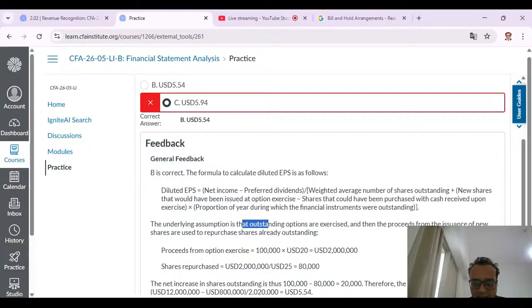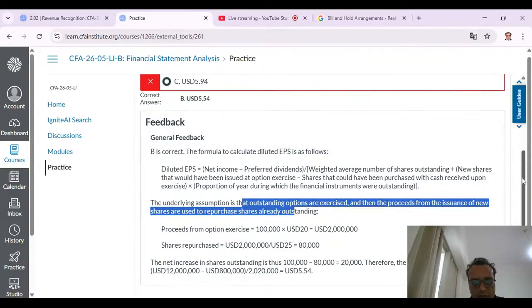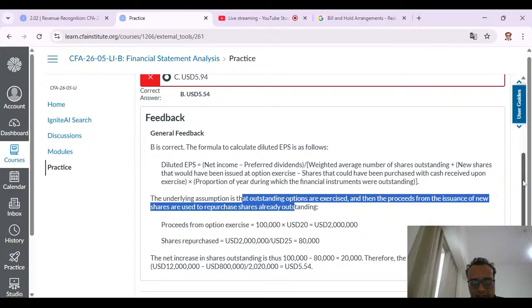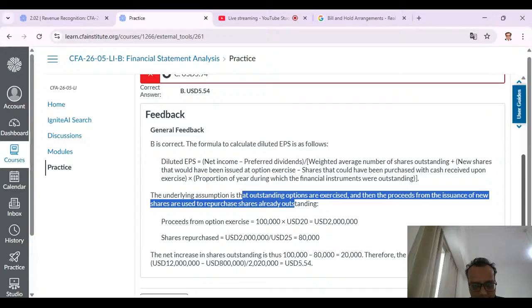The underlying assumption is that the outstanding options are exercised, and then the proceeds from issuance of the new shares are used to repurchase the shares already outstanding. Proceeds from options received is 100,000 multiplied by USD 20. Shares repurchased is equals to USD 2 million.